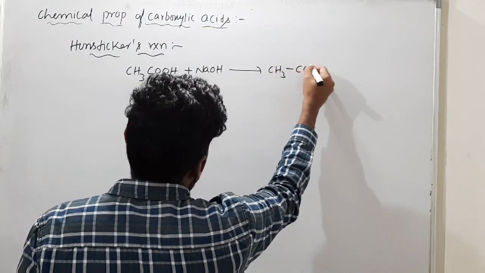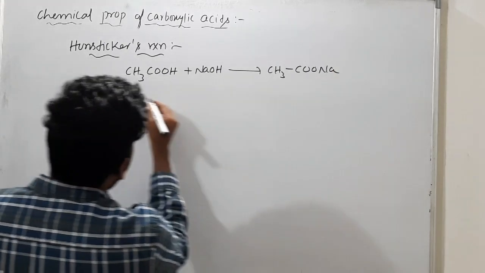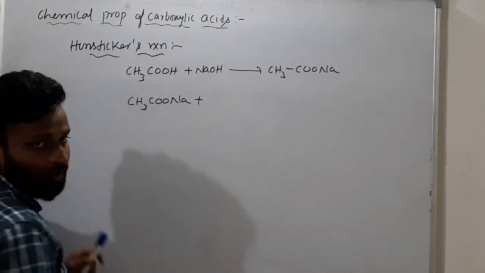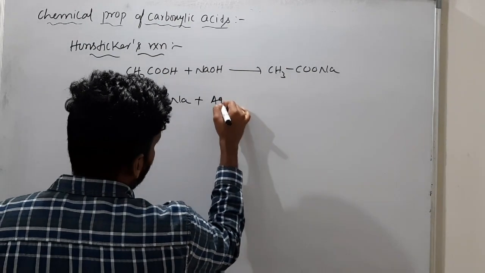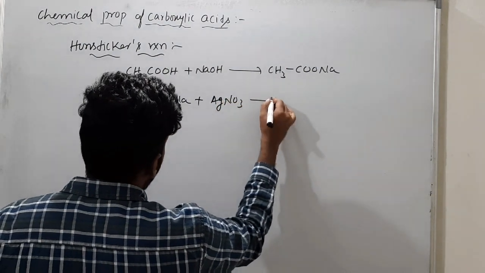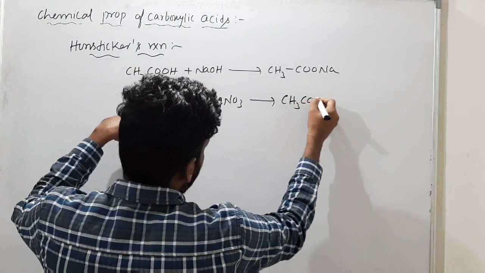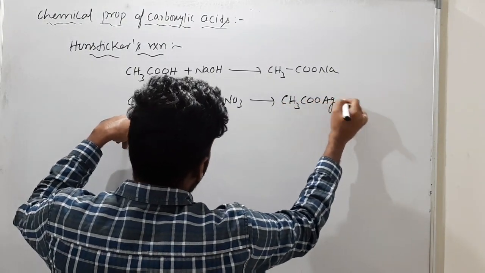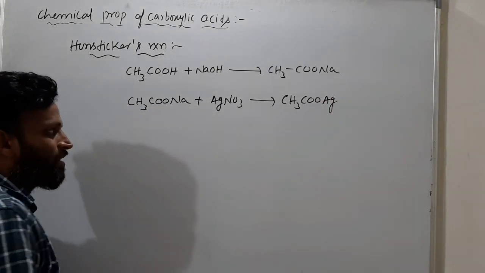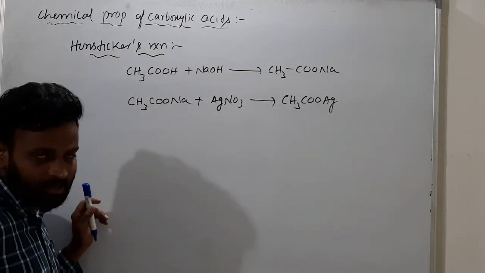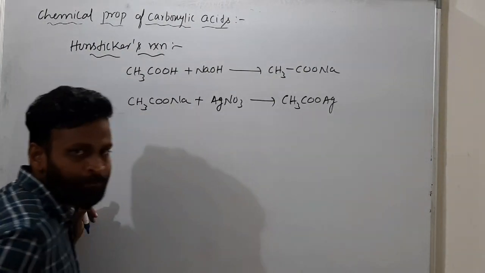You have CH3COONa. When CH3COONa reacts with silver nitrate, AgNO3, you will get CH3COOAg plus NaNO3. Forget about that. So this is the silver salt of a carboxylic acid, silver acetate.